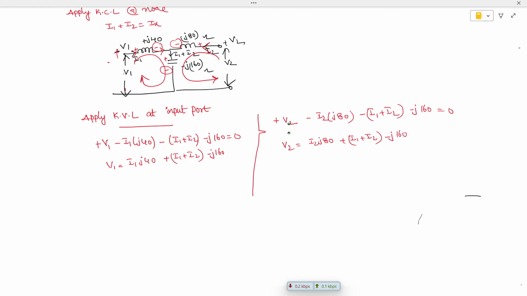So here V1 is equal to I1 J40 minus J160 I1 minus J160 I2. V2 is equal to minus J160 I1 plus I2 J80 minus I2 J160.